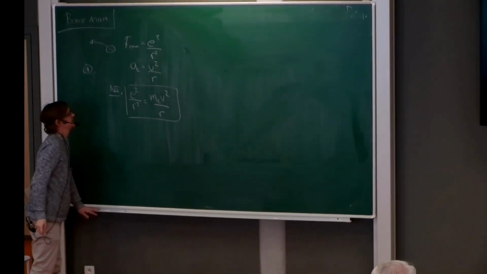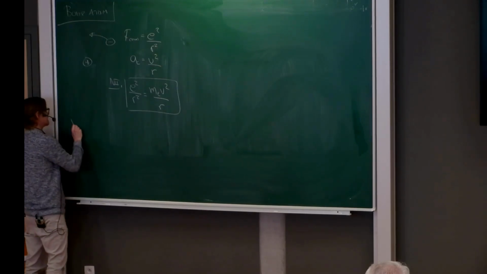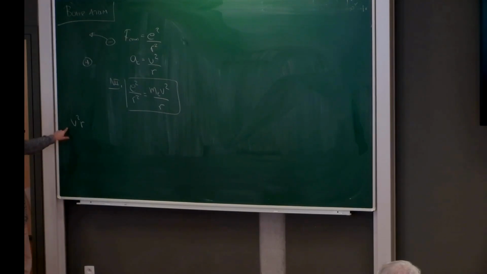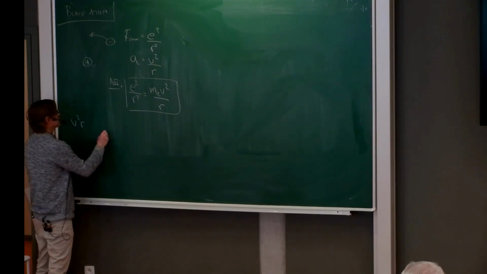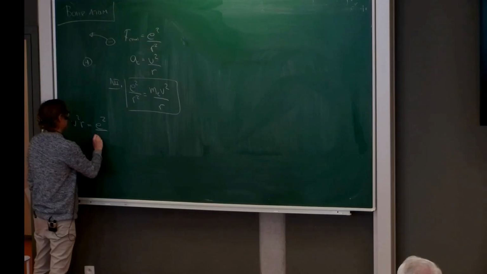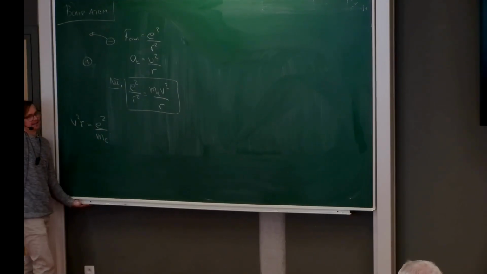Or if you again take it with the mechanics analogy, then v squared times r is in this case constant, which here is just e squared divided by m_e.